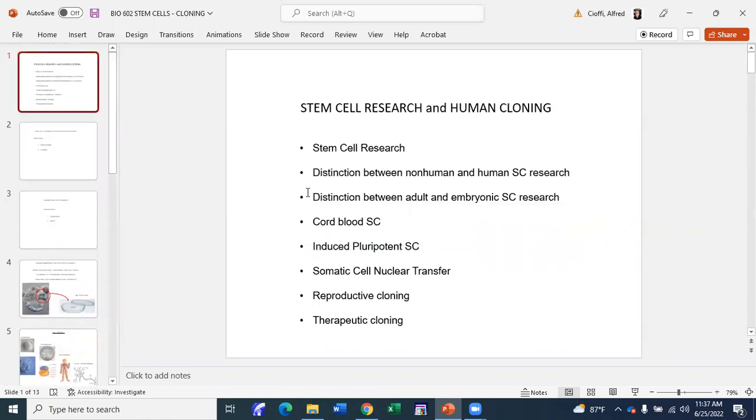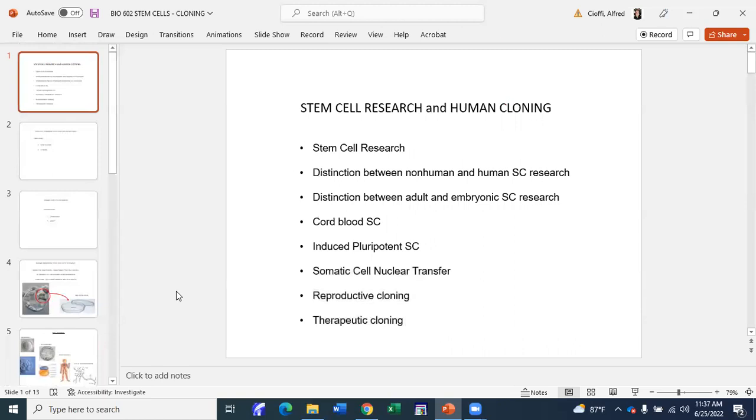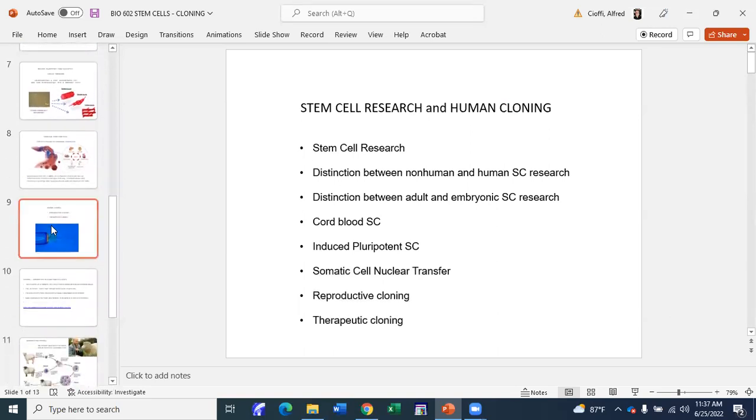Right, so we covered the distinctions between human and non-human, adult and embryonic, cord blood, iPSC. Now we have the topic of human cloning to cover. So if there are no questions or comments, I'm moving forward here.